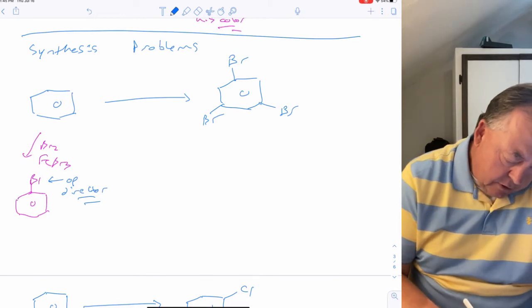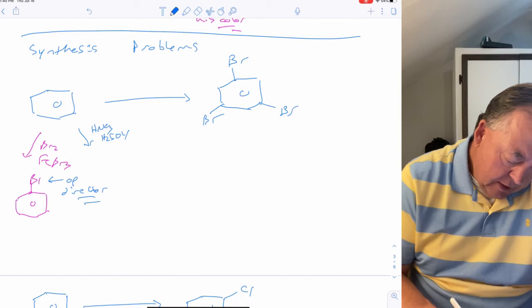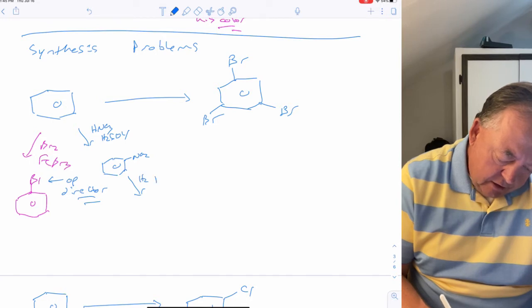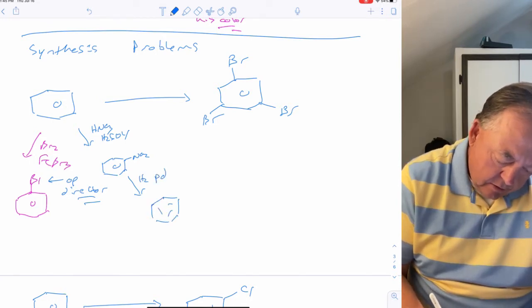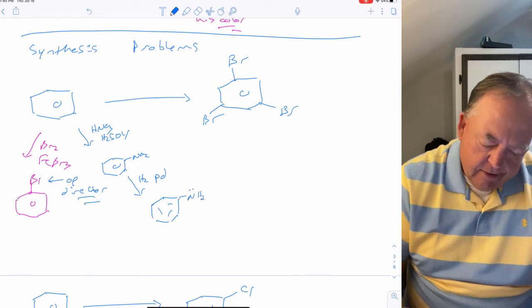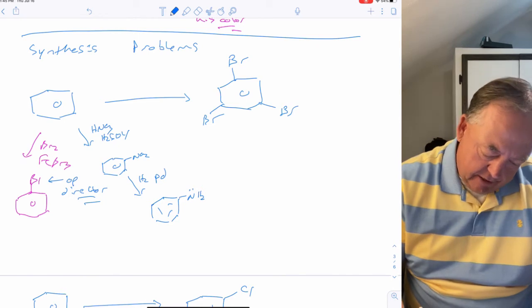So the way you would do the synthesis, put nitro on the benzene ring, and then reduce that to aniline. So that's an OP director, and it's highly activating.